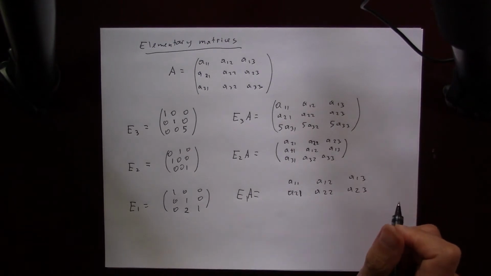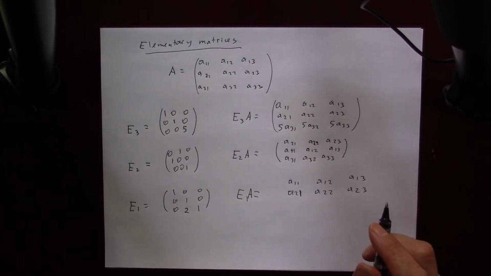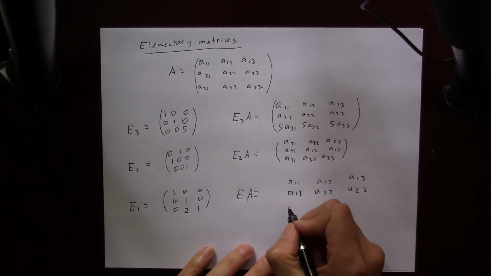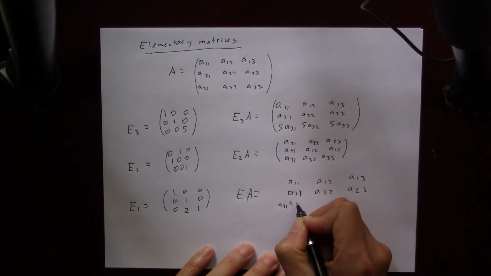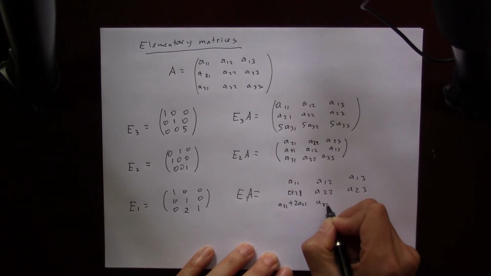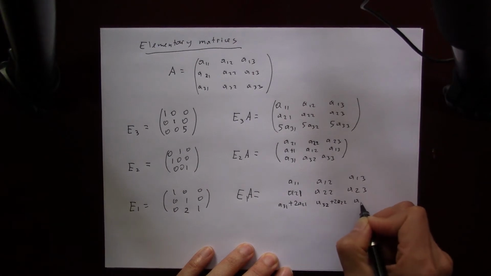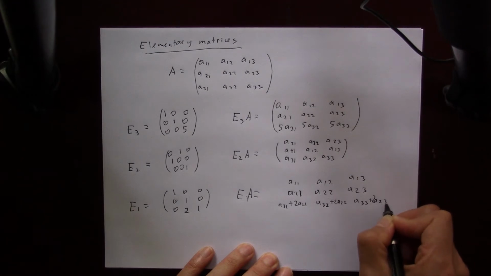But row 3 becomes the sum of row 3 and 2 times row 2. So we're going to get A31 plus 2A21, A32 plus 2A22, A33 plus 2A23.